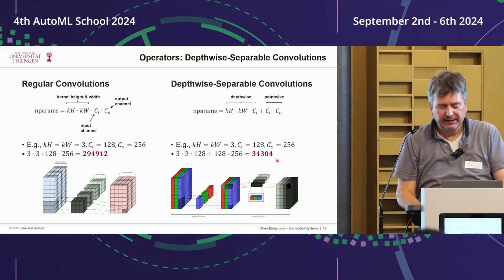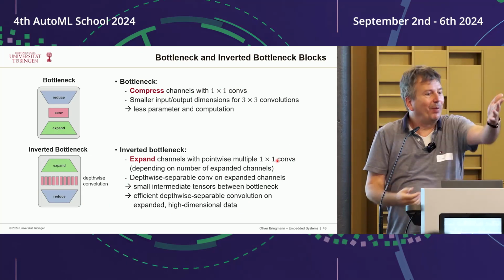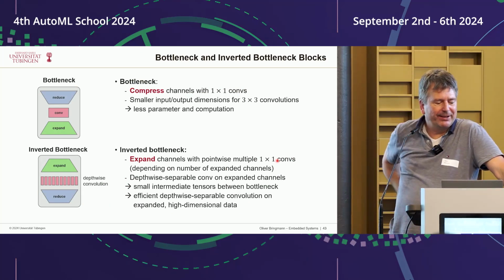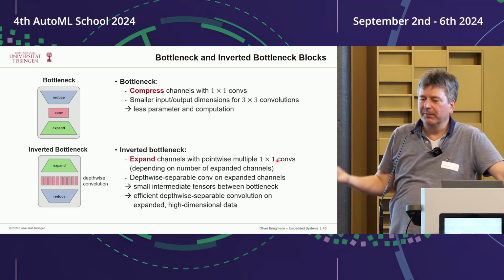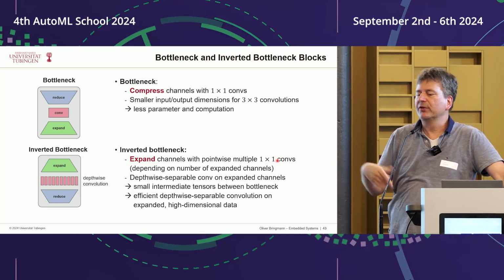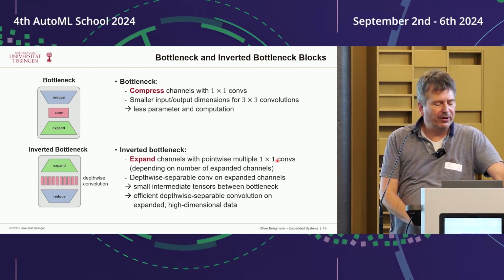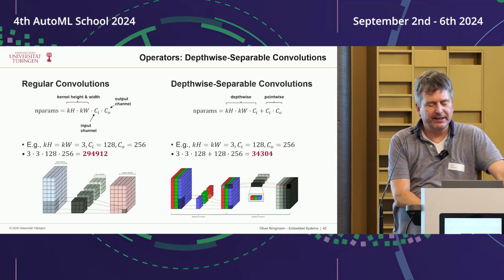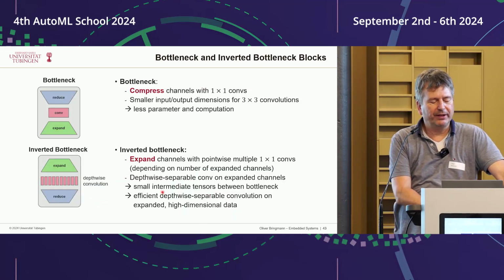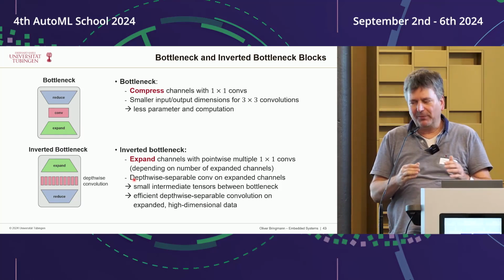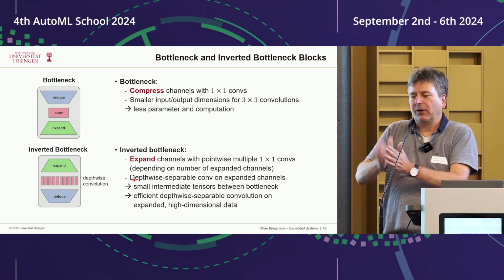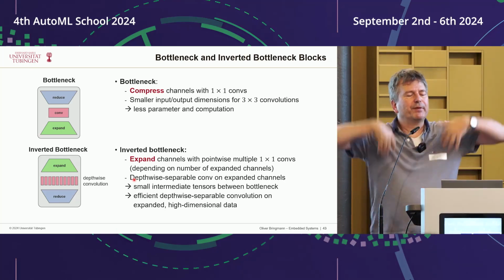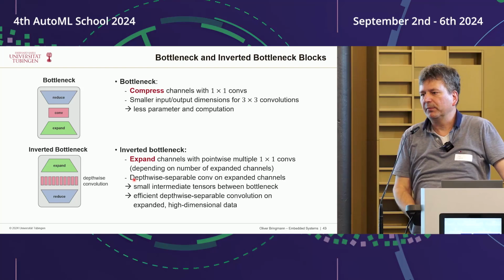That's also part of the search space description: substituting convolutions by depth-wise separable convolutions, dealing with bottlenecks, as we have just seen, also inverted bottlenecks, and concat operators, where we can concatenate the result multiple times to enlarge the number of output channels.